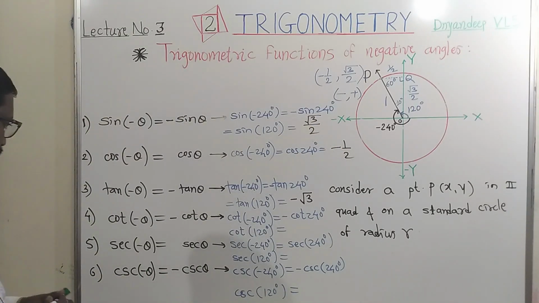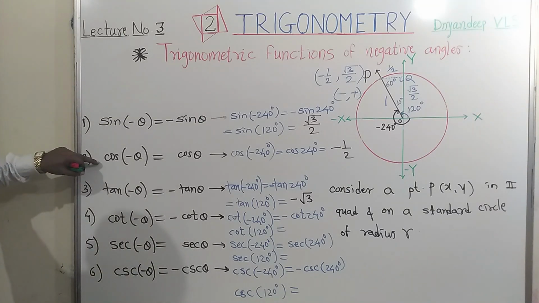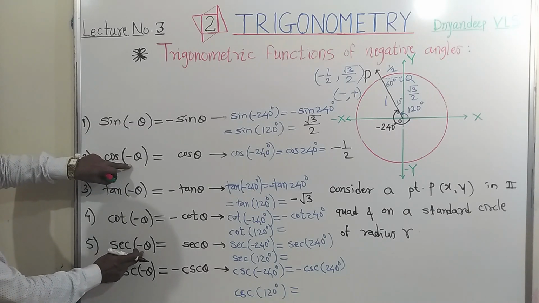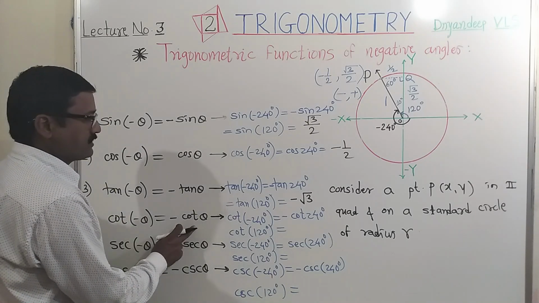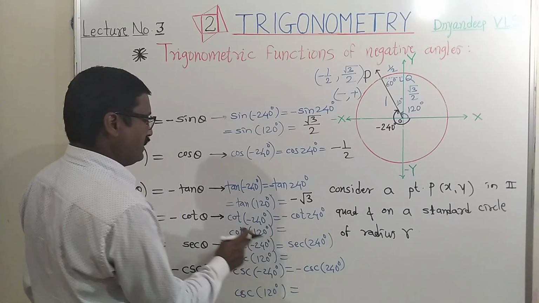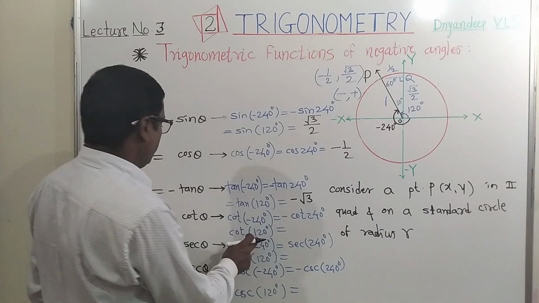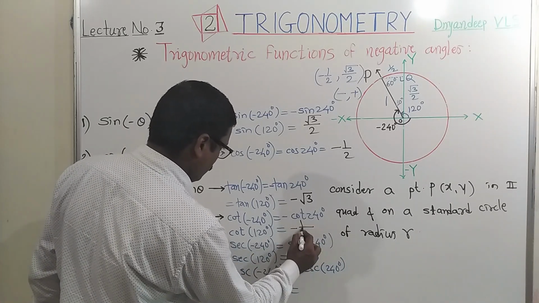Then the next one, cot of minus theta is minus cot theta. Only cos and sec are positive, which means we can eliminate this negative sign from the angle. So here cot of minus theta is minus cot theta. So cot of minus 240 is minus cot 240, and minus 240 is nothing but plus 120. So cot 120, and cot 120 is nothing but minus 1 upon root 3.